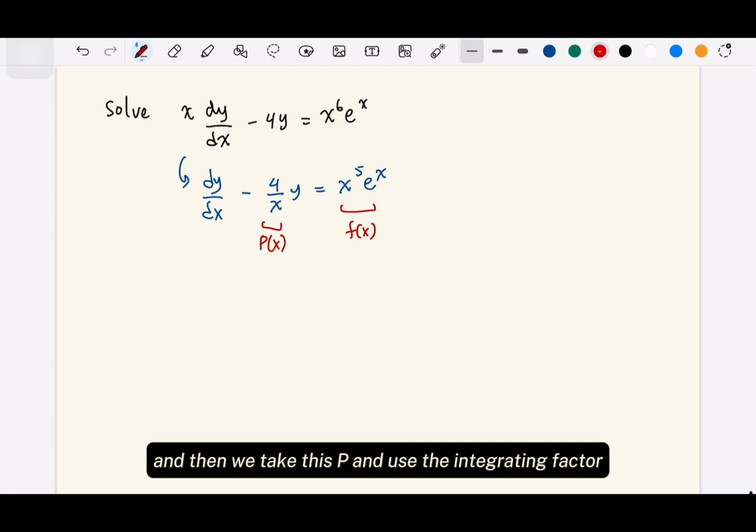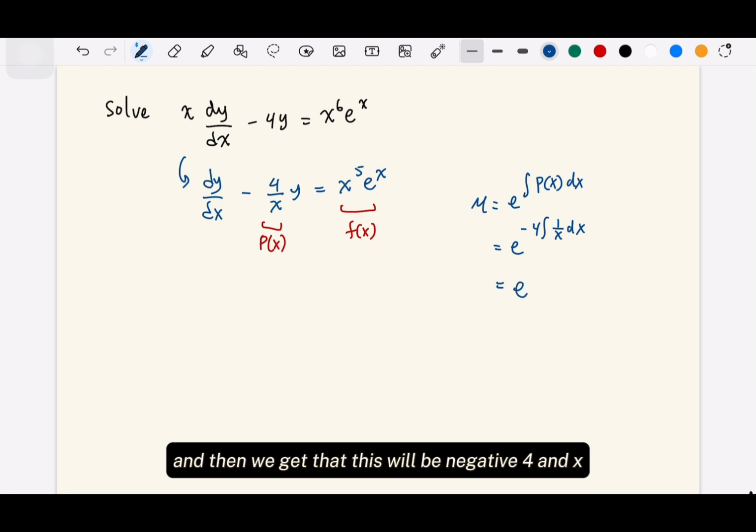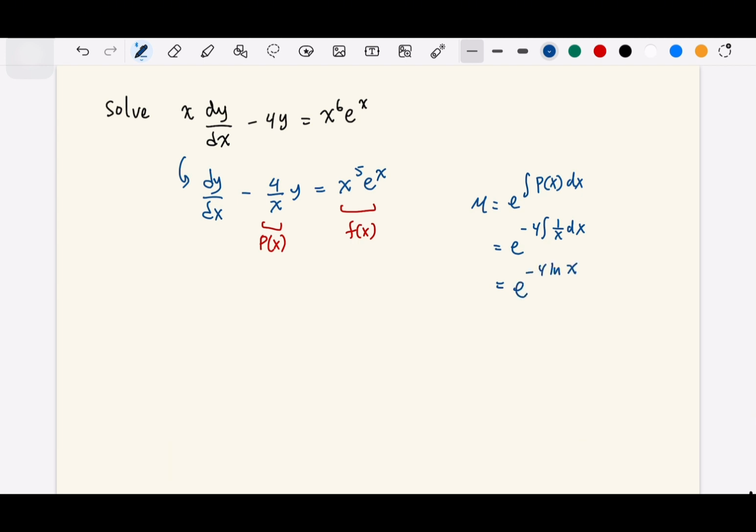And then we take this p and use the integrating factor, e to the integral of negative 4 over x dx, right? And then we get that this will be negative 4 ln(x), okay?